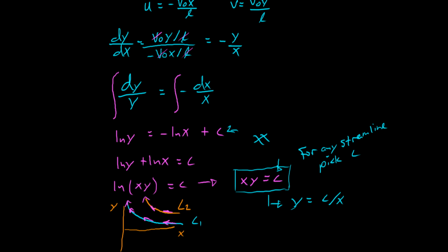And just for giggles, we could do a negative value of c, which is going to give us something like this. So we could call this one c3, and again, it will be tangent to a series of velocity vectors that go down there. And so this is a way to visualize a flow velocity field.